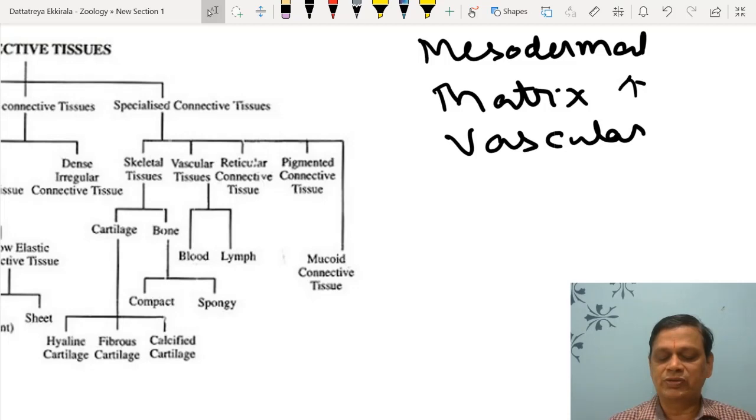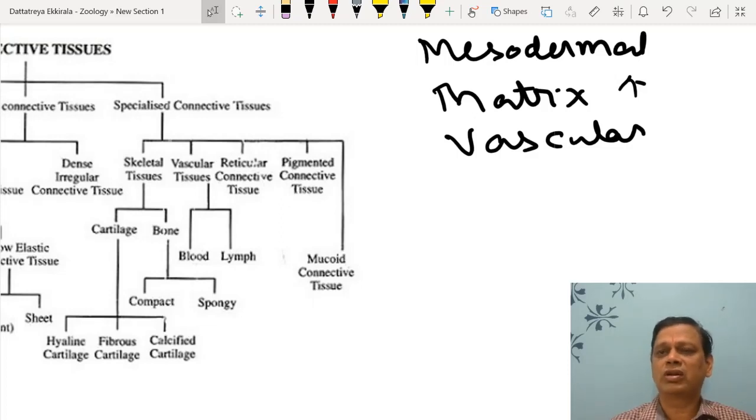So it will be mesodermal, matrix is abundant, vascular, and cells are not closely arranged, but widely separated. It helps in connecting various organs, so it has to have widely separated cells.